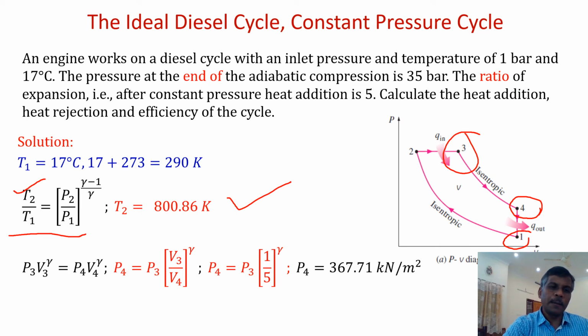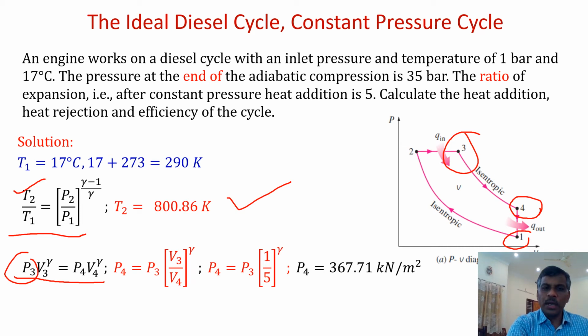PV to the power n equal to constant, PV to the power gamma equals constant for adiabatic. So take the basic equation: P3 V3 to the power gamma equal to P4 V4 to the power gamma. From this you can rewrite it, because the only unknown is P4, because P3 is equal to P2, so known.